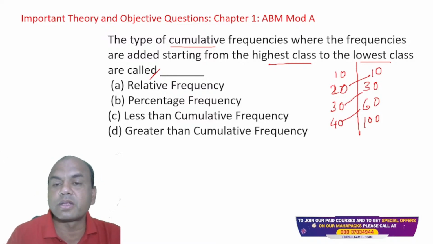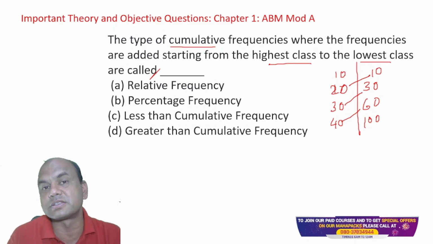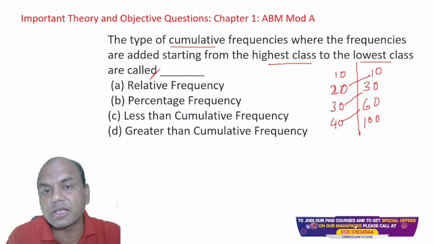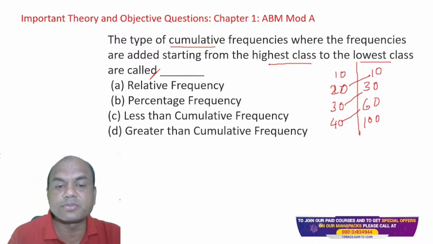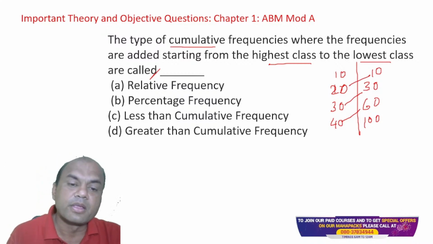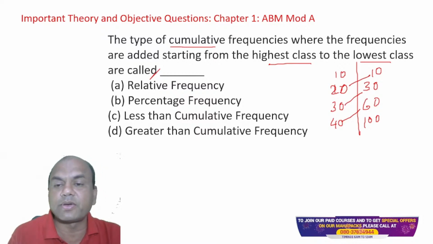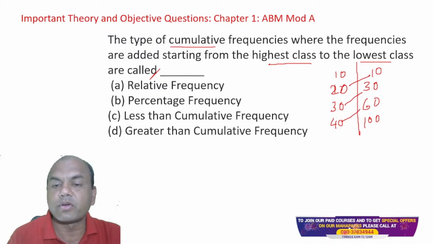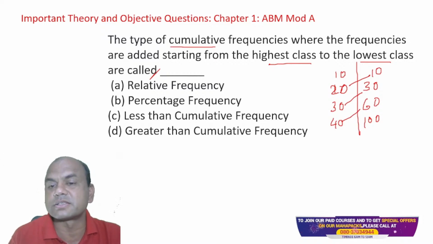Now what do you mean by this? The question is when the frequencies are added from the highest class to the lowest class. Highest to the lowest means what? What do you mean by the word class actually? Let's say I'm having these numbers only, 10, 20, 30, 40. Now I'll divide these numbers in classes.